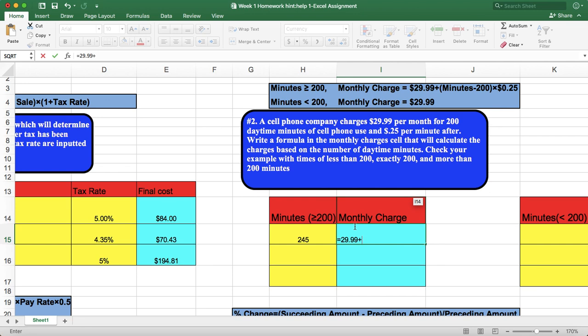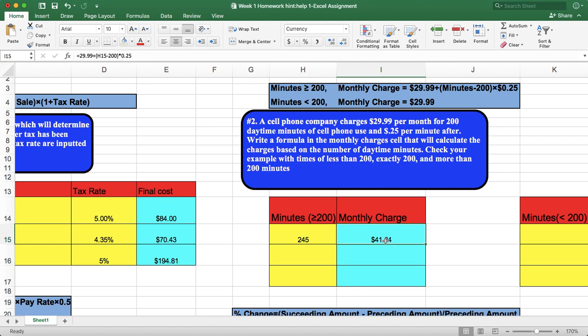And plus minutes, this is the independent variable. We just click this cell and then minus 200, right parenthesis, and times 0.25. Enter or return. Oh, you got the monthly charge.